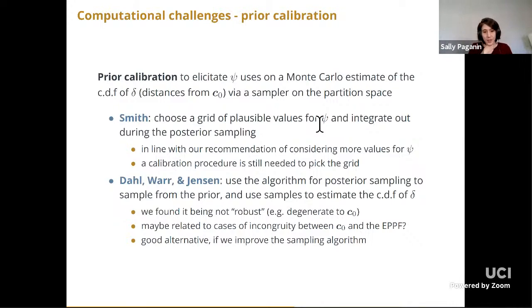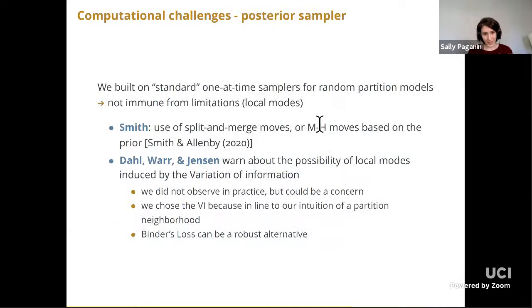However, this is indeed a really good alternative, but I would put it conditionally on improving the sampling algorithms. On this point, we have also received some nice suggestions from David and Adam. As I mentioned, we built on the standard Gibbs samplers for random partitions from MacEachern 2000.